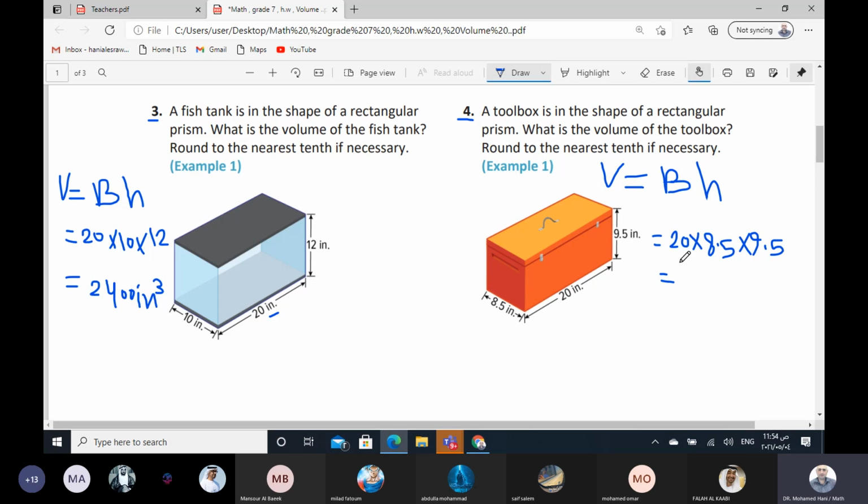So we can calculate now. 20 times 8.5 times 9.5, so the answer will be 1615 inch cubic.